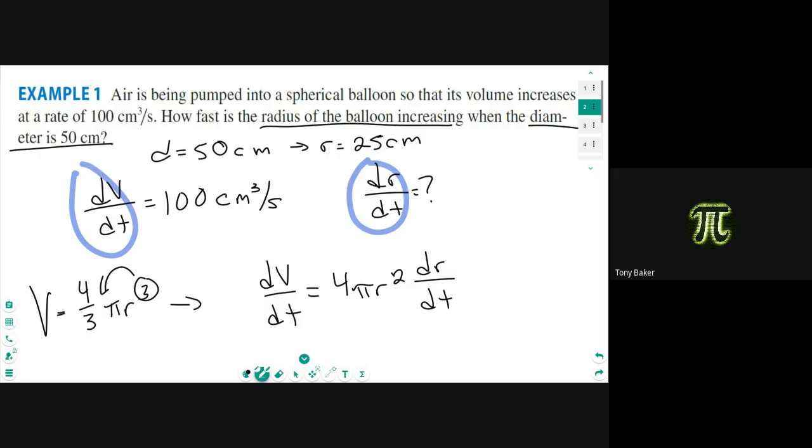All right. So what do we need? What was the question asking for? How fast the radius is increasing, right? So it was asking for dr dt. So I need to solve what I just did for dr dt.